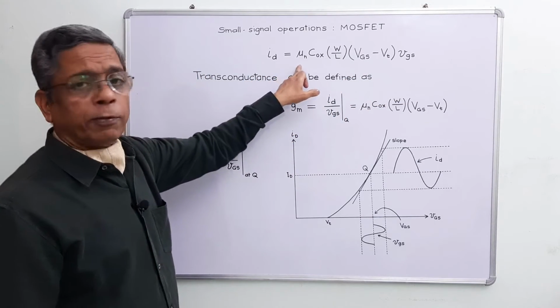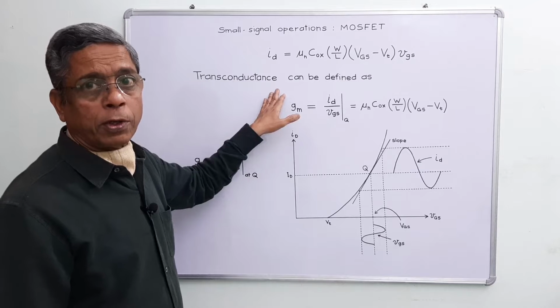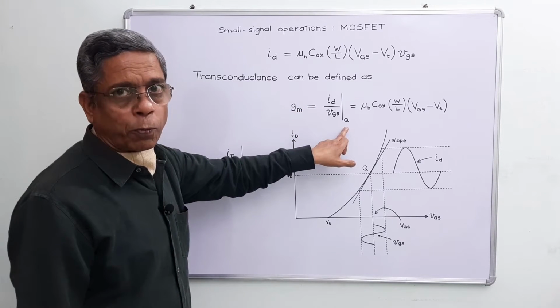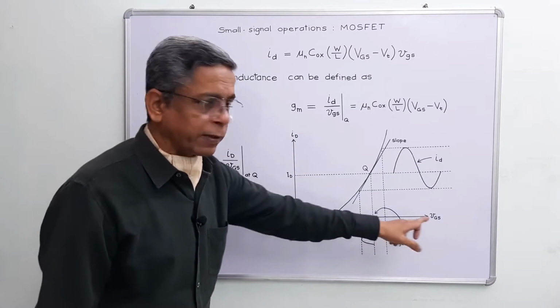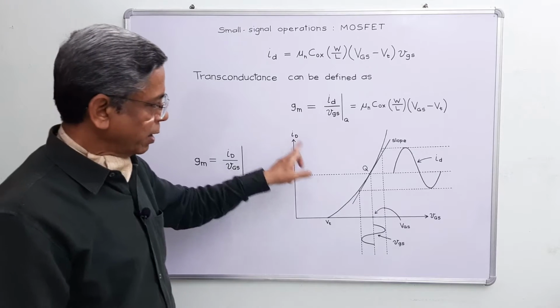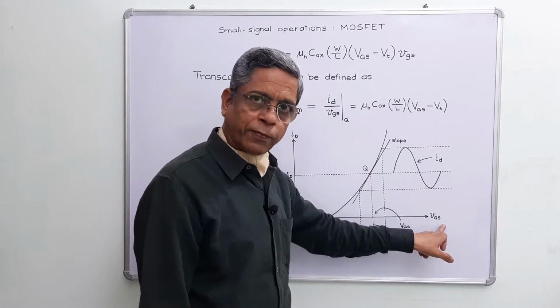On the basis of this equation, we can define the transconductance of the MOSFET as the ratio of output current to the input voltage at a fixed Q point. And this is the transfer characteristic for the MOSFET, and this is the instantaneous value of drain current and the instantaneous value of potential difference across gate and source.